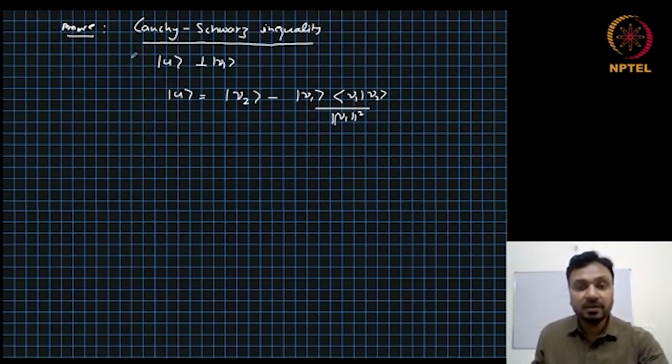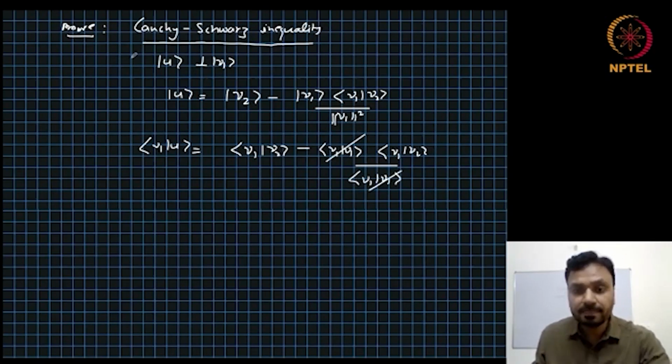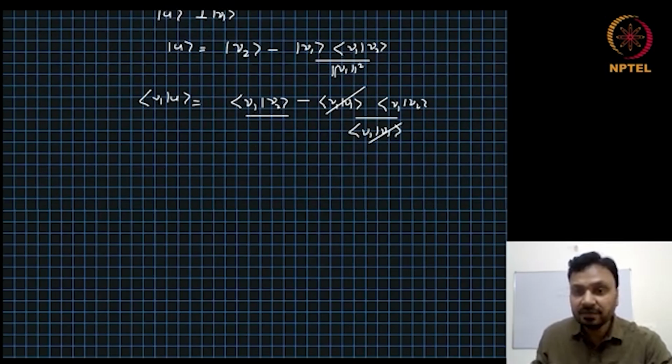Now if we take the inner product of v1 with u, that will be v1 v2 minus v1 v2 over v1 mod square times v1 v1. This cancels, and we have v1 v1 over v1 v1, and that's 0. So v1 and u are orthogonal.